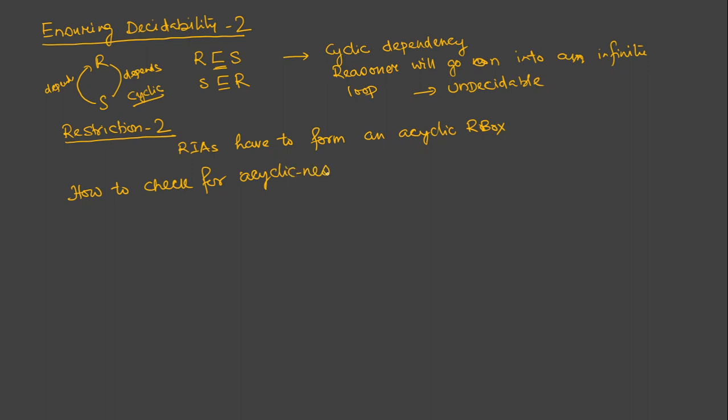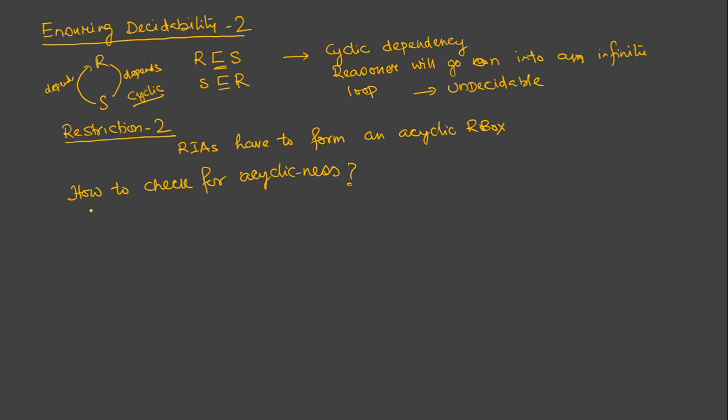While you are creating or developing your ontology, as you are developing your ontology in different times, you are not creating this ontology at a single go. You are doing multiple iterations, and of course the ontology can be created in a distributed way. Multiple people are collaborating with each other to create the ontology, and as a result you might be having an R box which has a cycle.